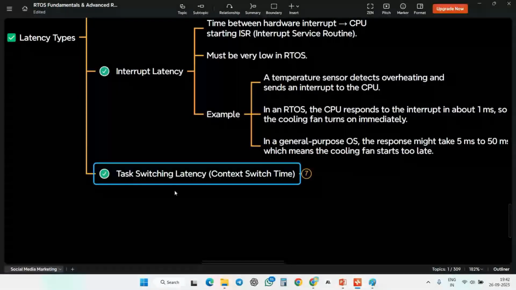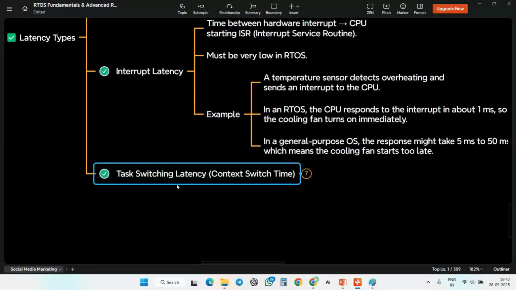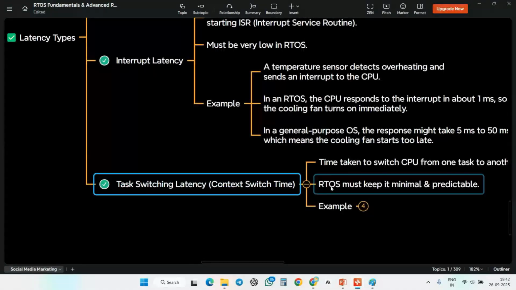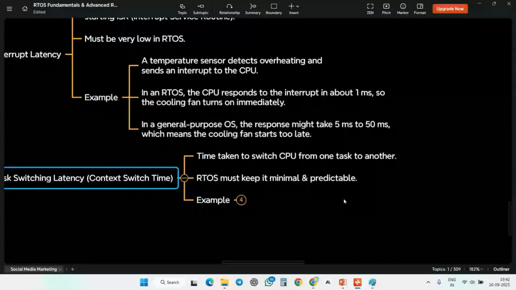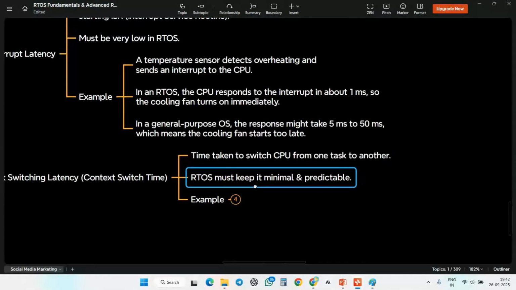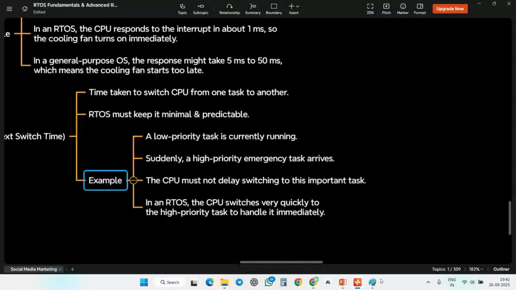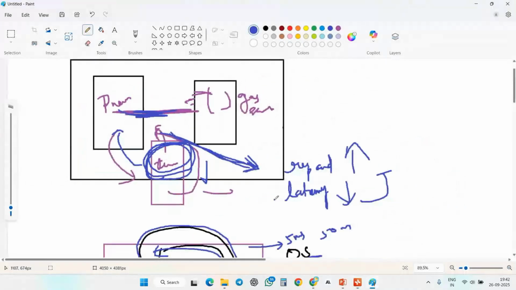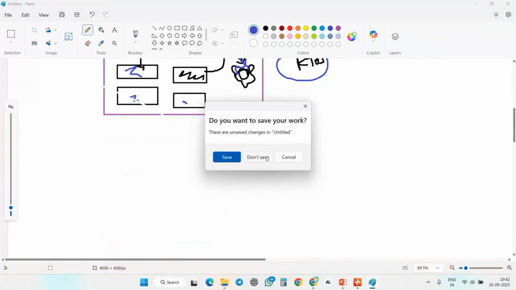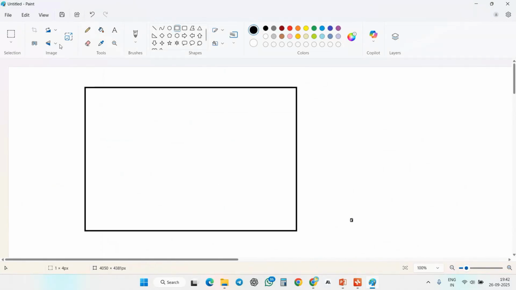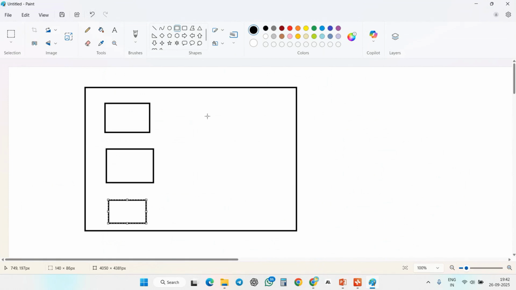And then task switching latency. Task switching latency means whenever you want to switch the task. The CPU always has multiple tasks to process; it is not always a single task. This is the CPU, loaded with multiple tasks.